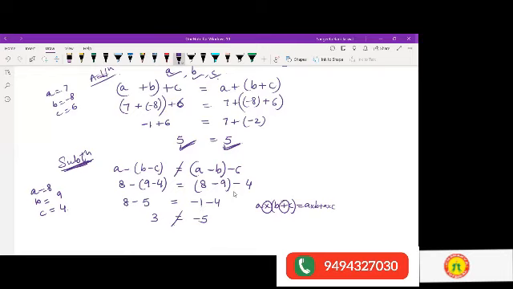So minus 1 minus 4 gave me minus 5. So finally what I observed is 3 is not equal to minus 5. My left hand side was not equal to right hand side. This means that the associative property does not hold true for integers over subtraction. Understood? Any child has a doubt? No, ma'am.